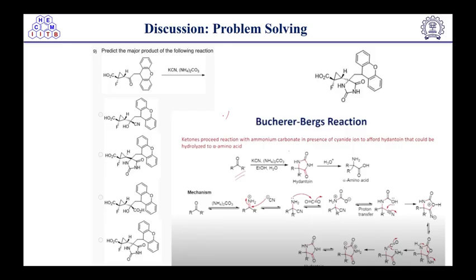So here we have ketone. Okay, this ketone will get attacked by cyano group.